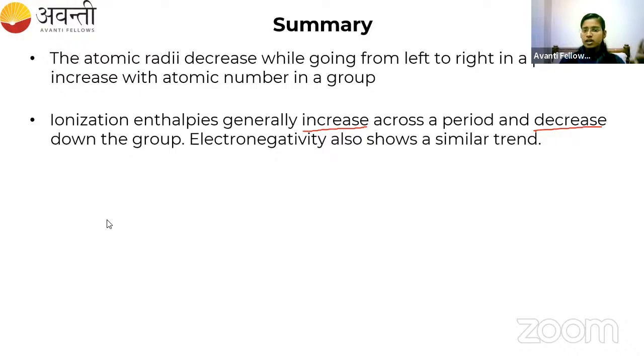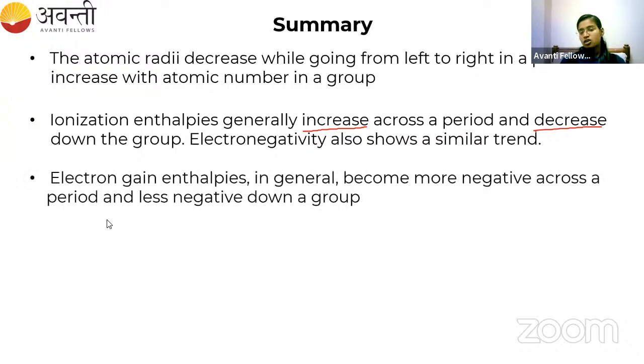And electronegativity also shows a similar trend, increases across the period and decreases on moving down the group. Now, if I come to the electron gain enthalpy property, it is more negative across the period and less negative on moving down the group.